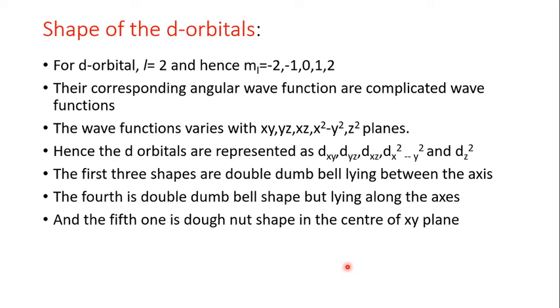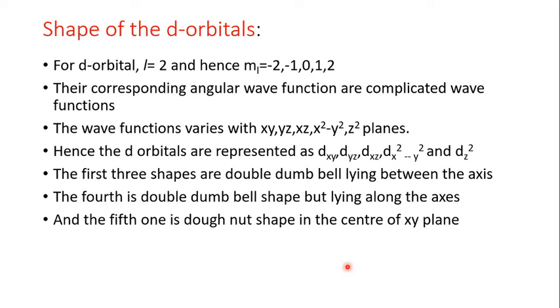As we have seen the equation for the p orbital, similarly for the d orbital that equation is very complicated, as you can see from the similar table. So it varies according to xy, yz, xz, x square minus y square and z square. Hence, the d orbitals are represented as dxy, dyz, dxz, dx square minus y square and dz square.